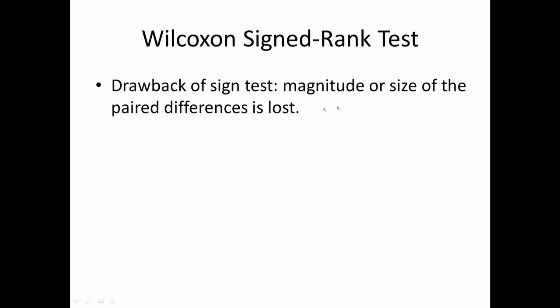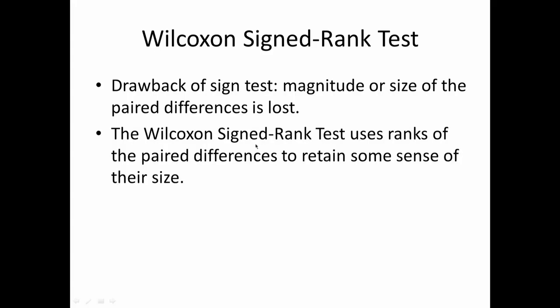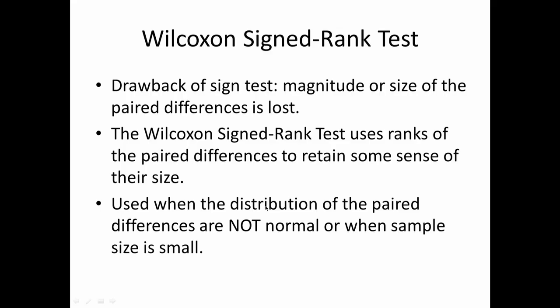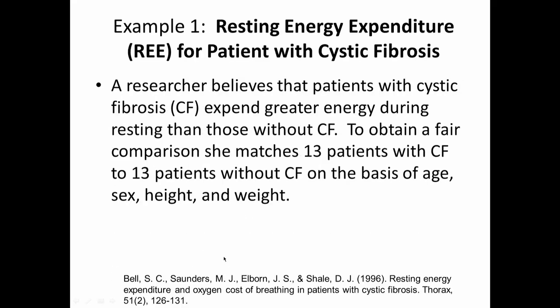Like I said, in the sign test the magnitude or the size of the paired difference is lost. The Wilcoxon signed rank test looks at the sign change, and it also considers the magnitude by some sort of ranking. Generally we use it when the data are not normal. Like I said, we are looking at a non-normal distribution and the response is ordinal, like the previous case.